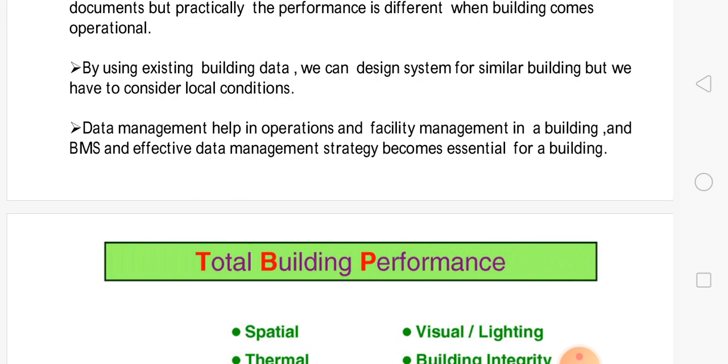An effective data management strategy becomes essential for a building. If an effective management strategy and data management are there for operations and facility management, we can operate our building well at present, and we can make some future predictions based on our past, and we can use that data for our load and other things in systems like HVAC and for our thermal comfort.